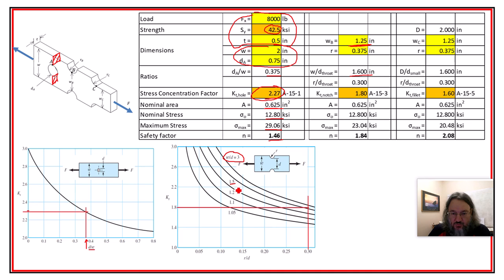It's kind of close to 1.5, so we're going to get close to this line right there. And then we're going to use the notch radius of 0.375. And that 0.375 divided by D gives me 0.3, which is right about there. So I get a 0.3, and I come across, and it's really close to 1.8.